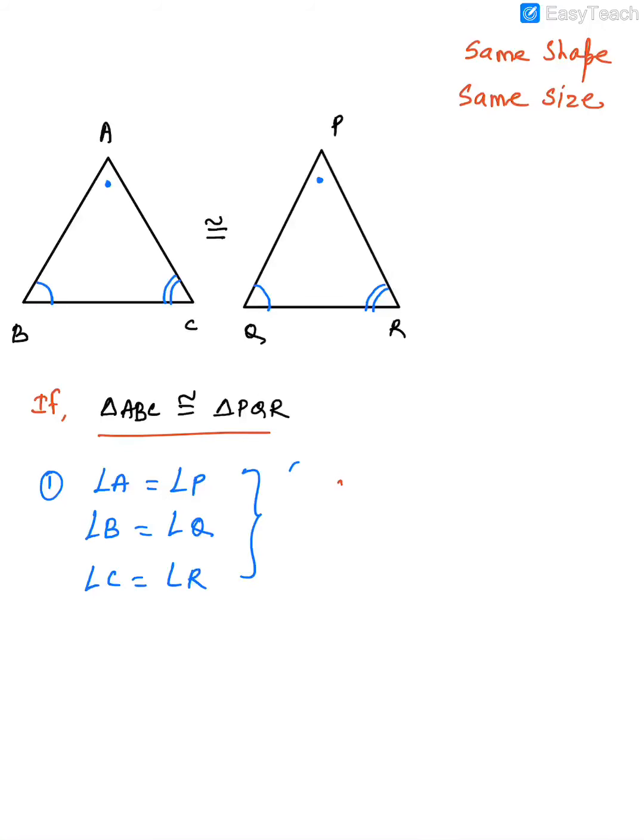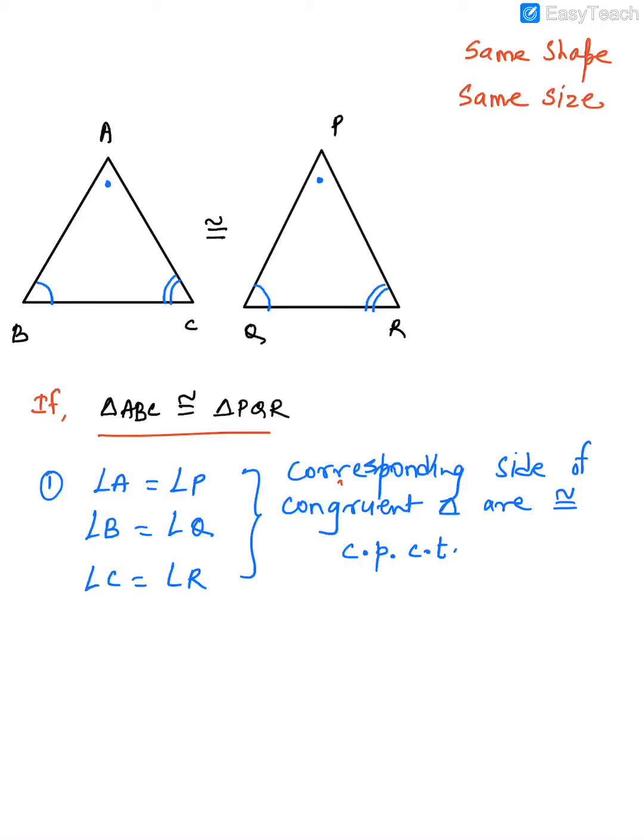We can say corresponding parts of congruent triangles are congruent, or we could also write it simply as CPCT.